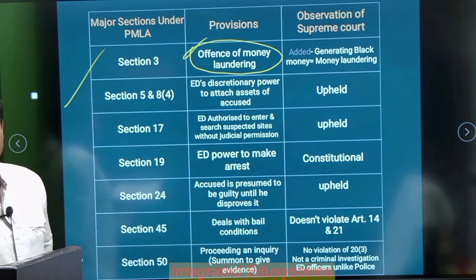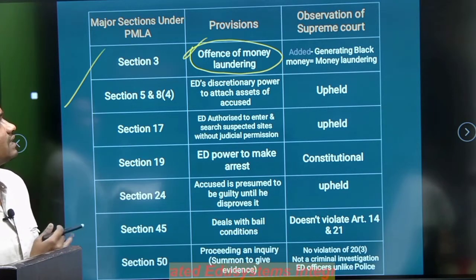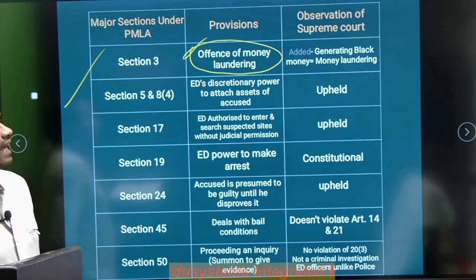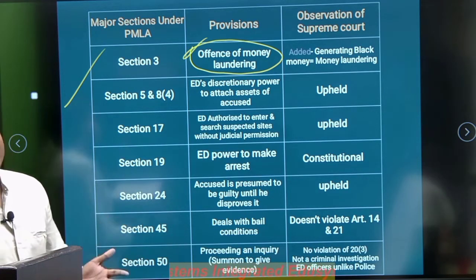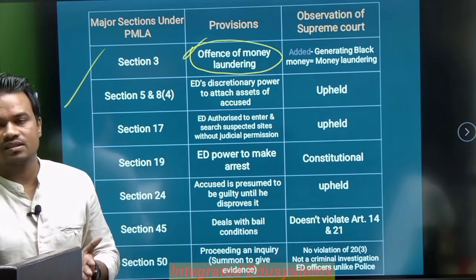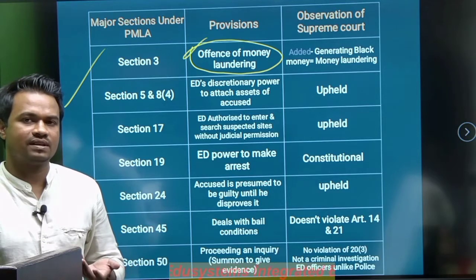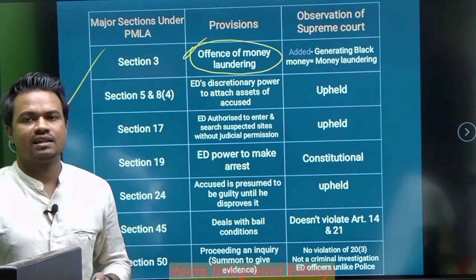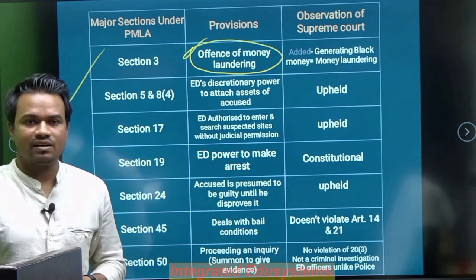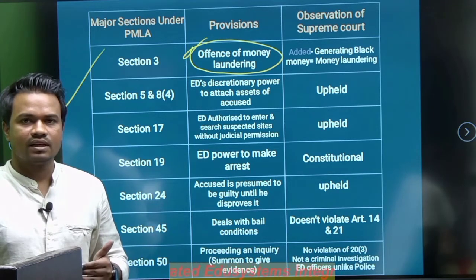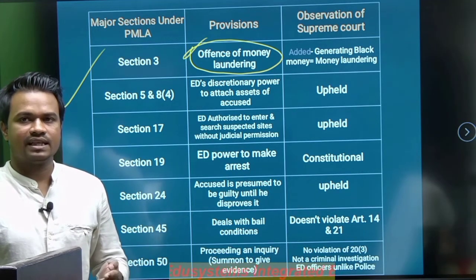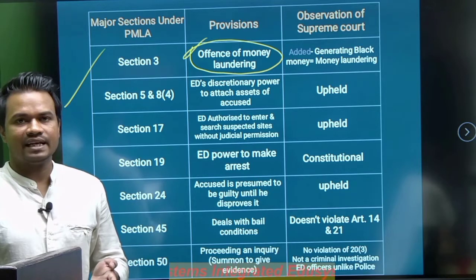Now, in that particular section, the Supreme Court observed that generating black money is simply black money. If we try to understand it in simple terms, black money is non-taxed money, or money whose legitimacy is undeclared.